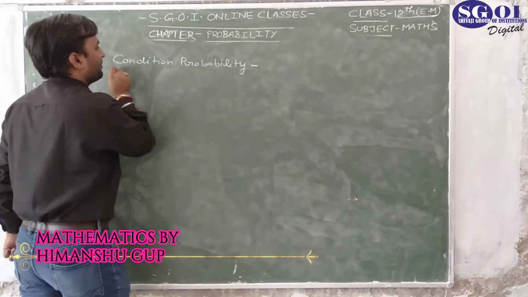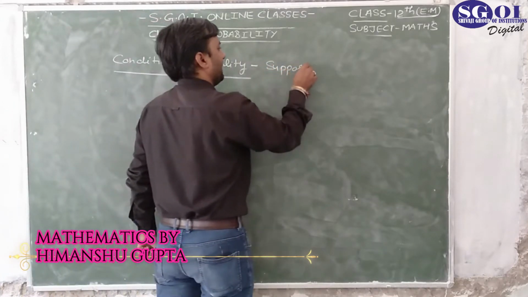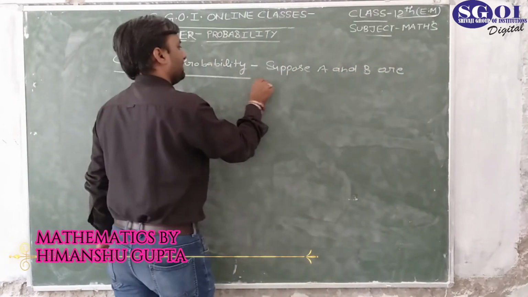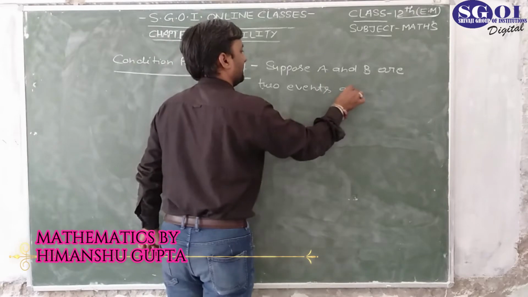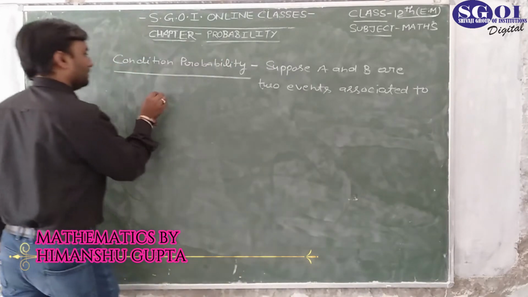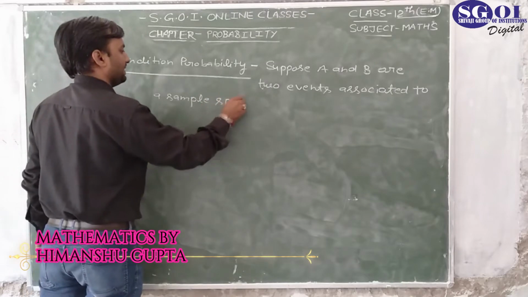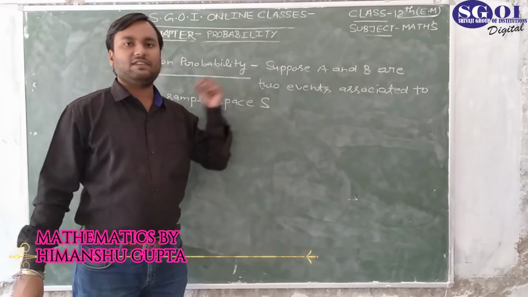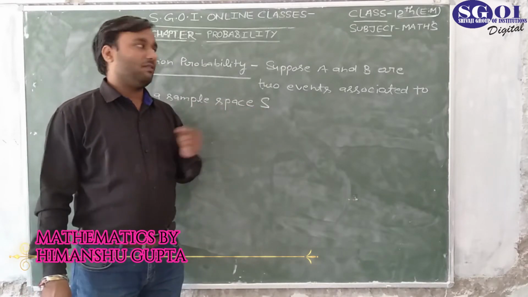So what is conditional probability? Suppose capital A and capital B are two events associated to a sample space S. What are events?